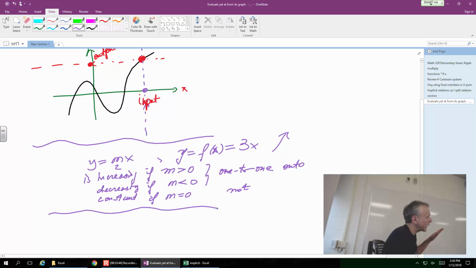Think about the plane. Depending on which direction you go, you might be going up or you might be going down. So we'll have to worry about that. Similarly, the one-to-one onto idea might not be as easy to establish as simply looking at one single number. So we'll see that later.